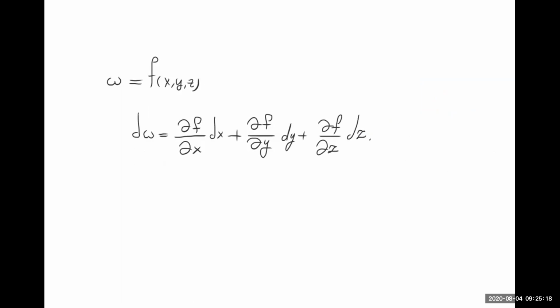Well, let's look at an example. So, for example, if z is equal to 2x cosine of y minus x squared y squared.